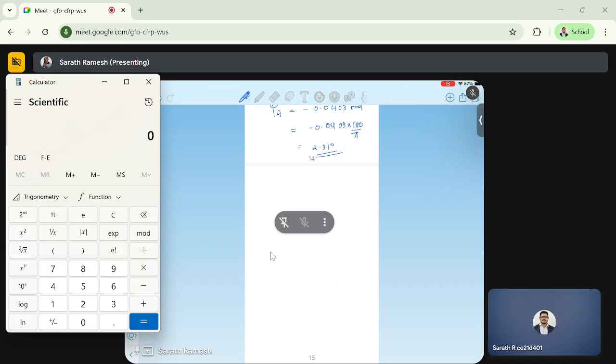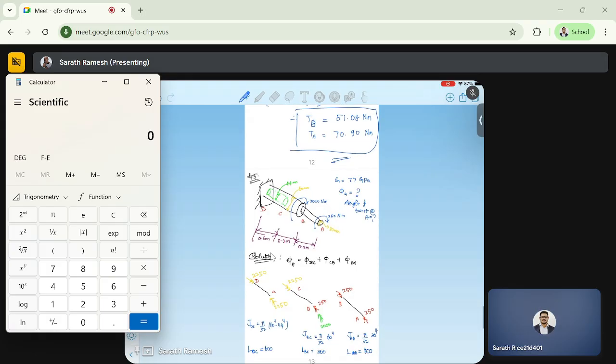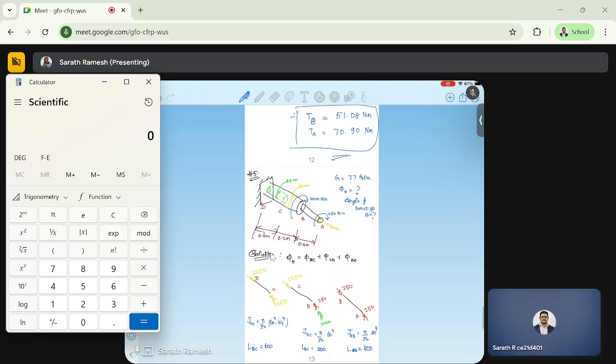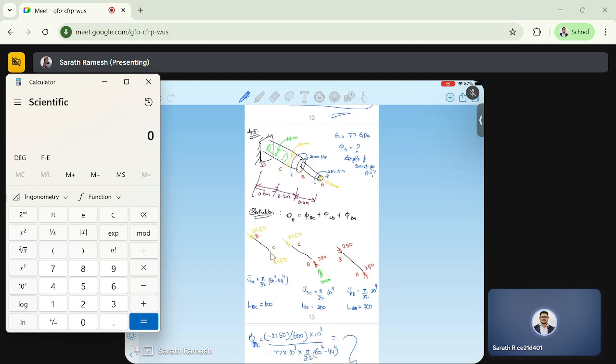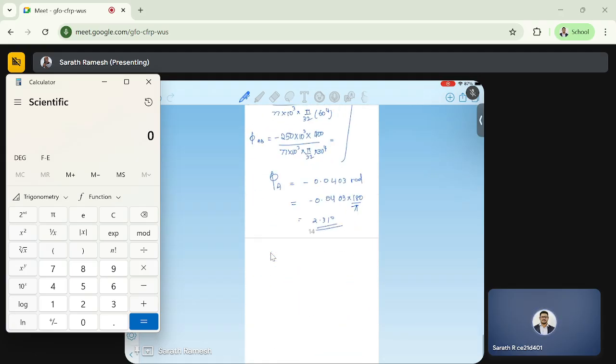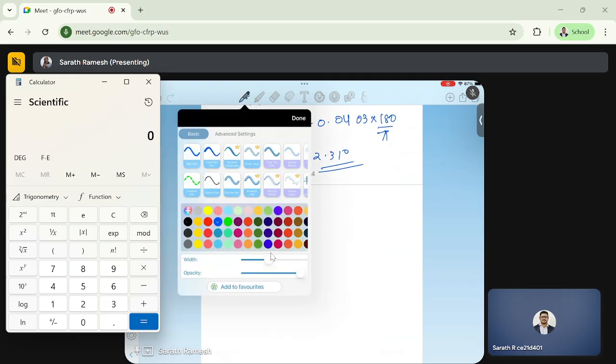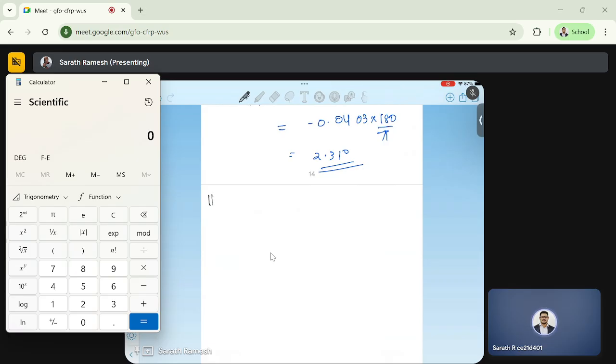Now, what's next? So this is problem number 5. Next, we'll see a problem similar to your assignment problem number 3. Problem number 6 here.